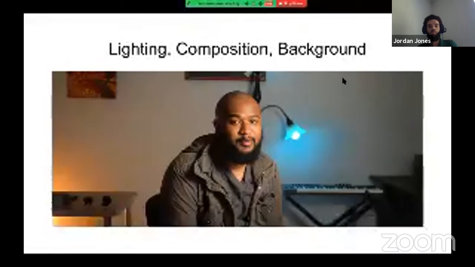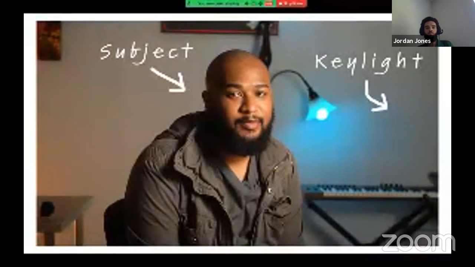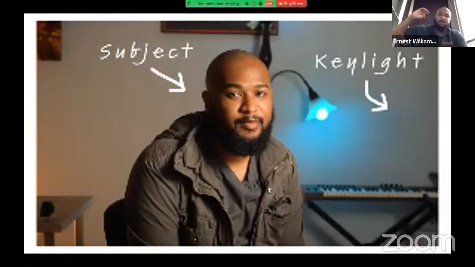Key light is your main light. That's what we call your main light source. You want to have a key light no matter what video you're doing. If you don't have a light, try to find a window with light coming through. But that will limit you to when you can shoot. A lot of times I had to use my window light because I didn't have a light on hand.